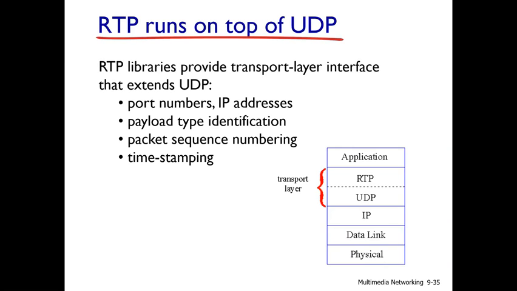I have already explained the meaning of each. Here they have the information in your RTP header, which is already encapsulated with your UDP and with all the port numbers and IP addresses.